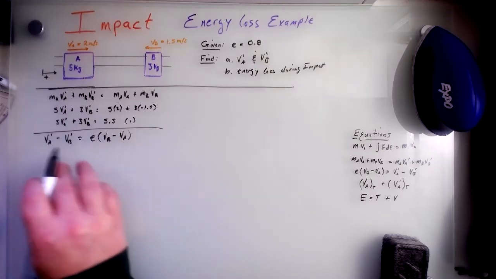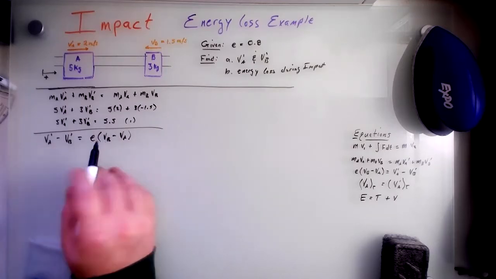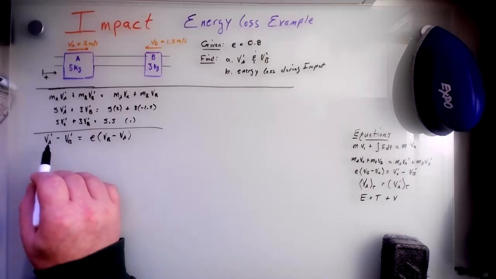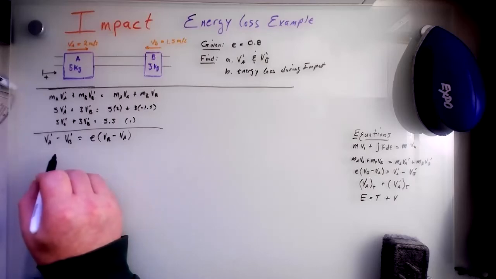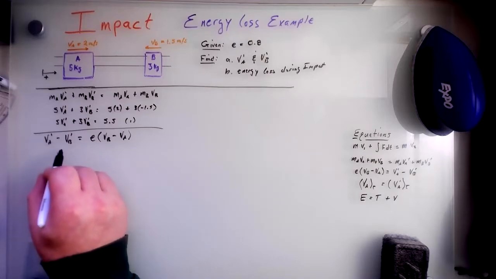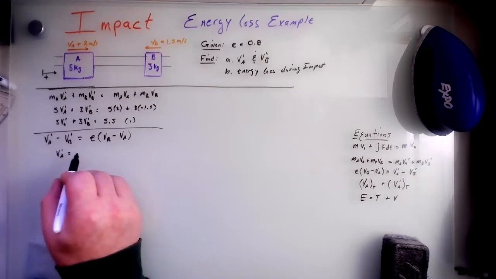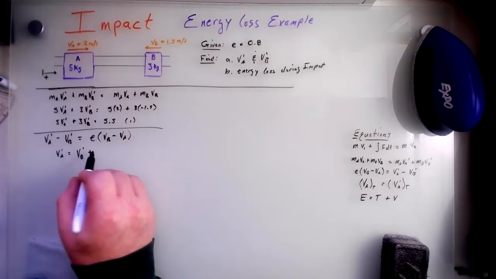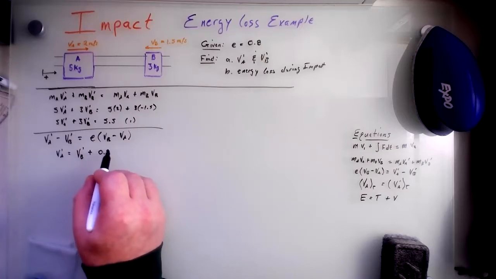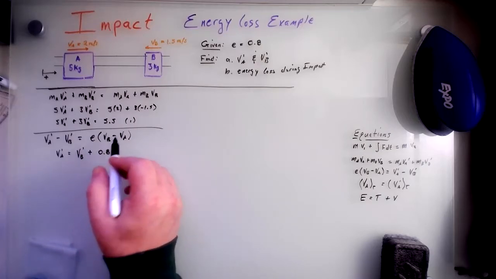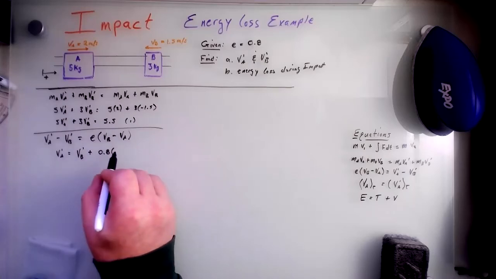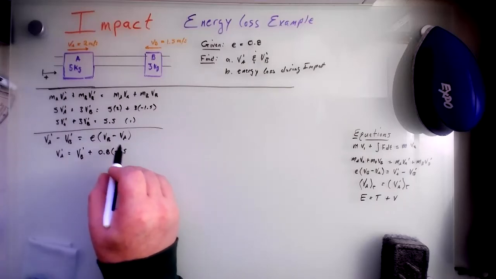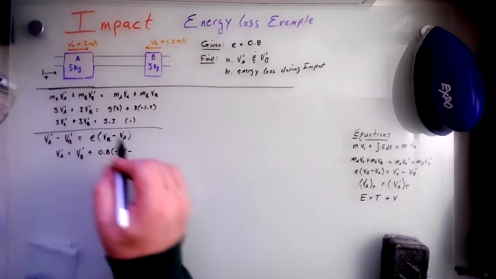So let's solve this second one for VA prime, and then we'll substitute it in. VA prime is going to be equal to VB prime plus 0.8 times VB minus VA, which is minus 1.5 minus 2.